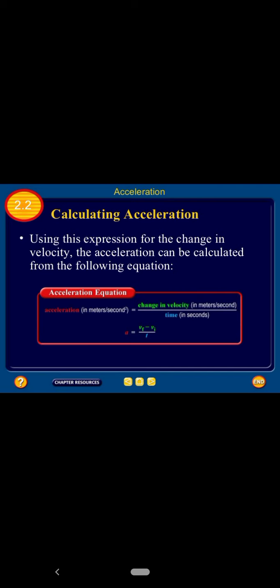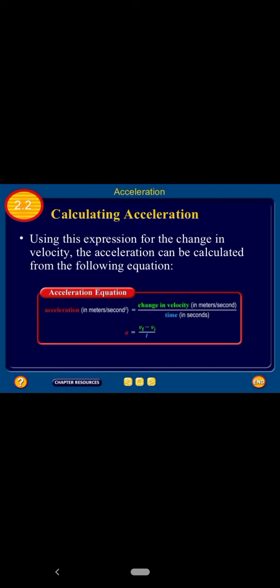Calculating acceleration. Using this expression for the change in velocity, the acceleration can be calculated from the following equation. Acceleration is equal to change in velocity divided by time, which is A equals Vf minus Vi divided by t. Here the units are mentioned in the SI system.